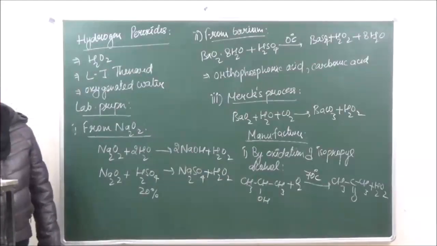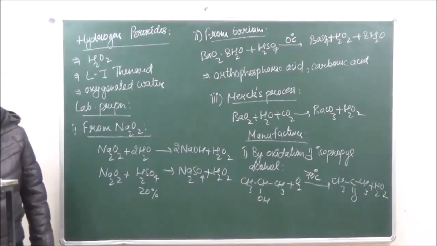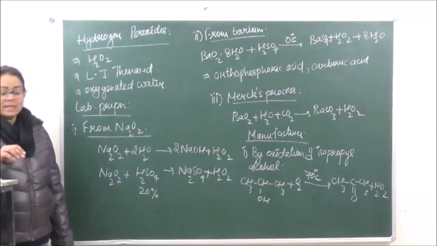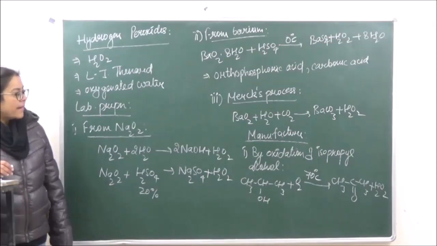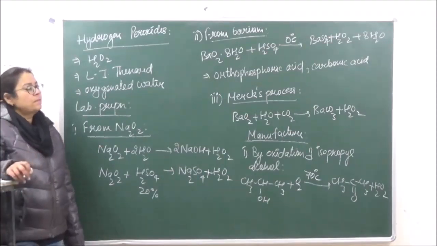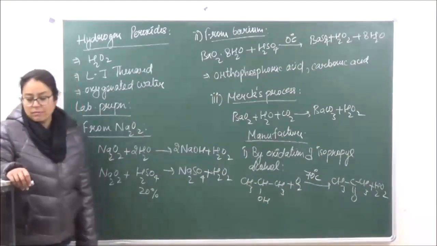Acetone plus H2O2. Now acetone and whatever unreacted isopropyl alcohol remains can be distilled, leaving behind an aqueous solution of hydrogen peroxide. Okay? So this is the first method.